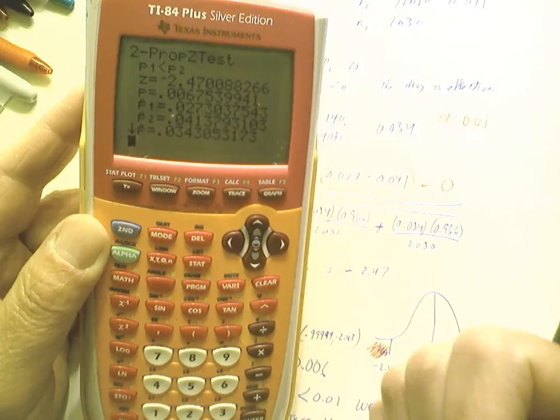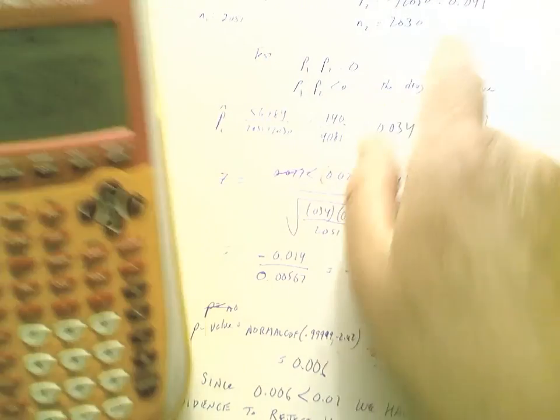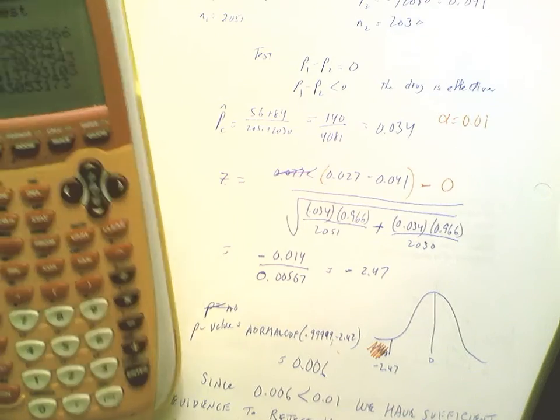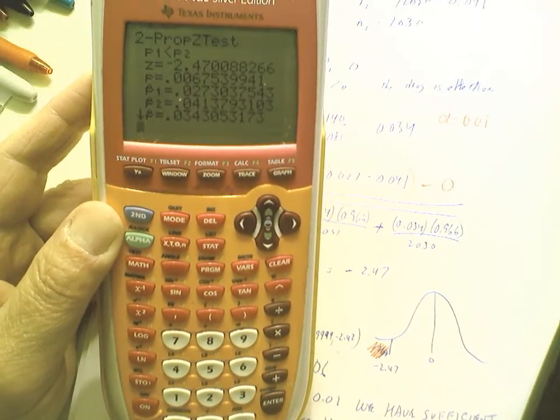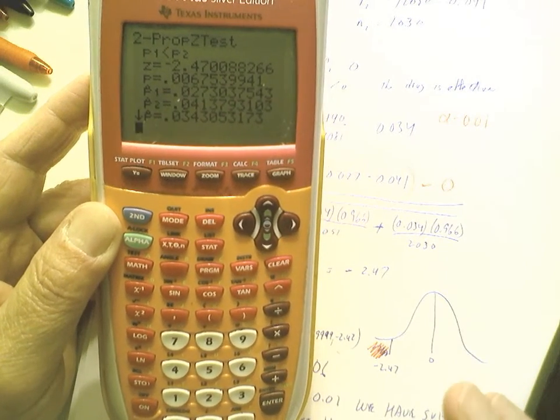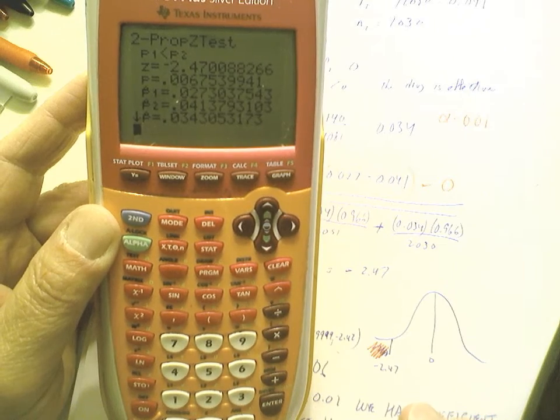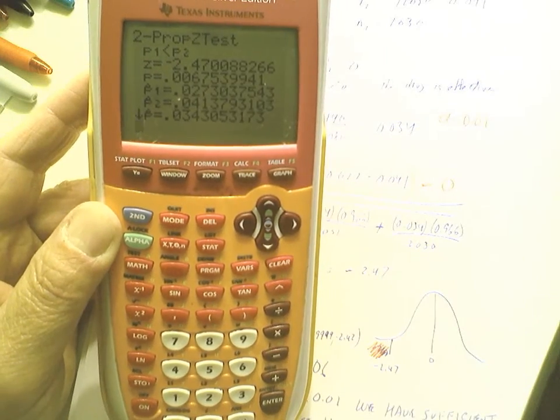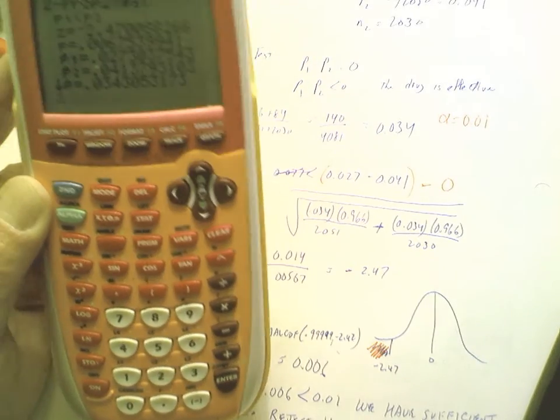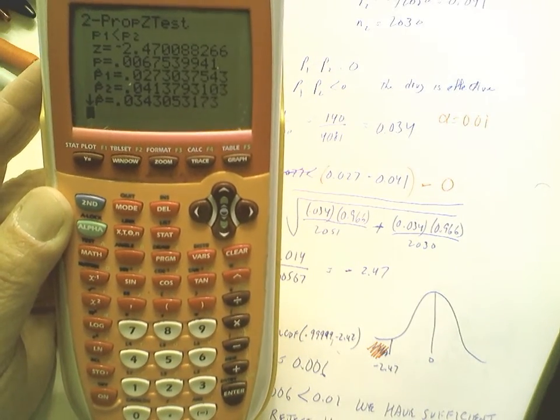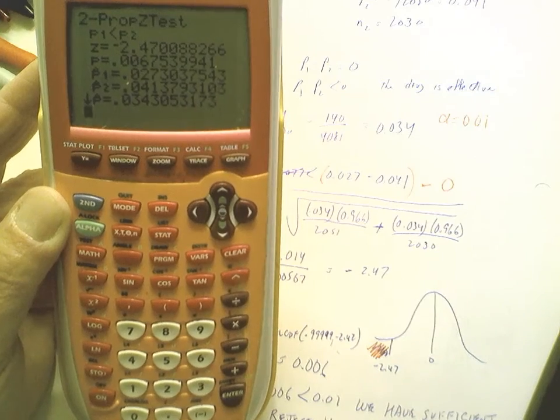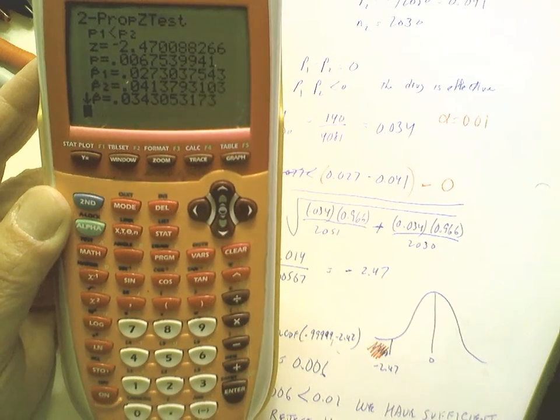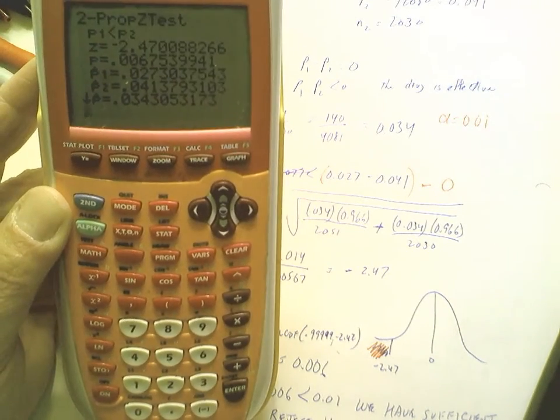You also get a couple p-hat values, a little bit more precise than the values that I put in, 0.27 and 0.41, but fine, enough to work with, certainly, as we work through this. And what do we have? We have a probability of 0.006. We said we wanted to work at what? A 1% significance level.